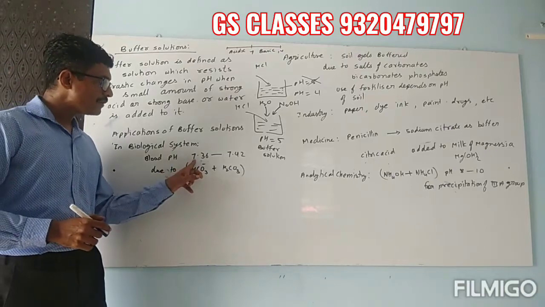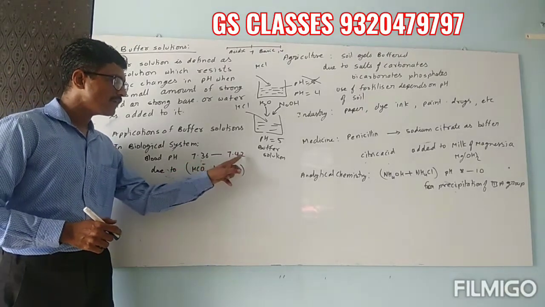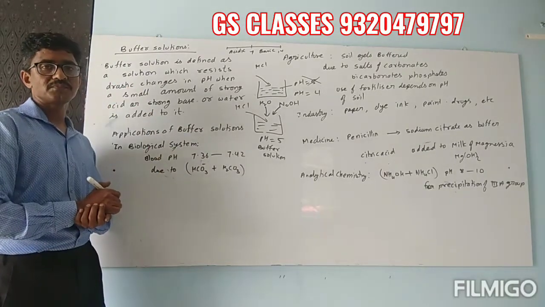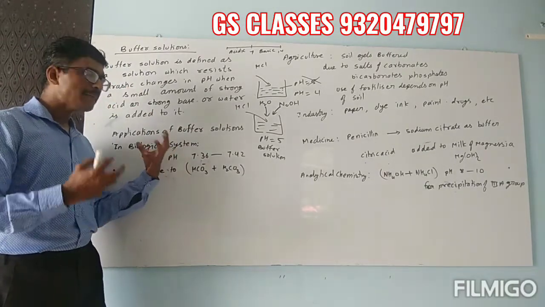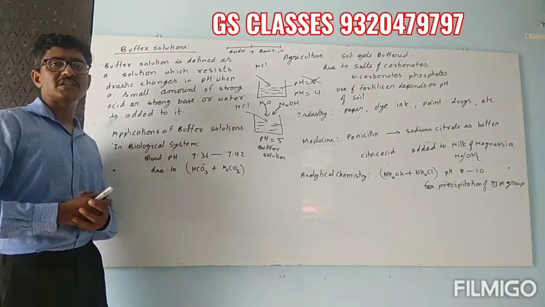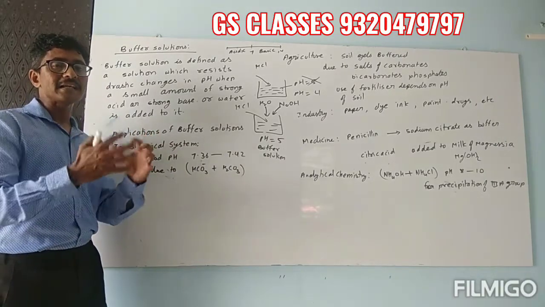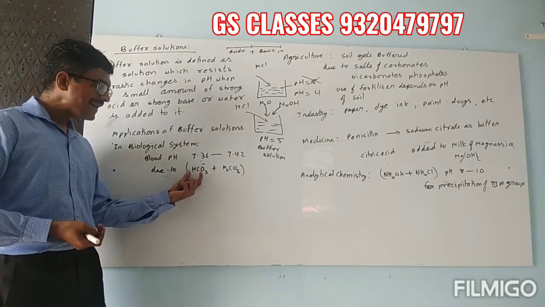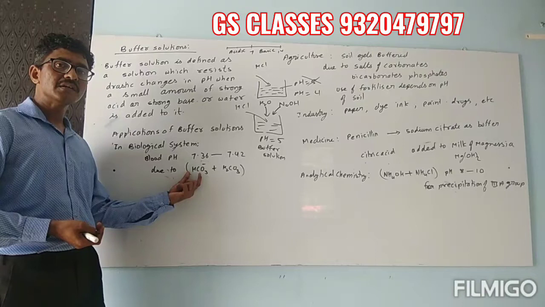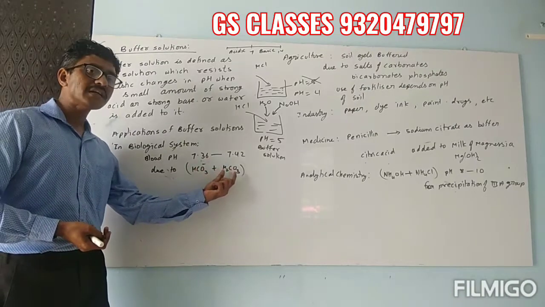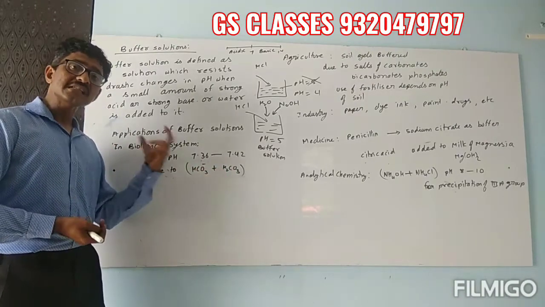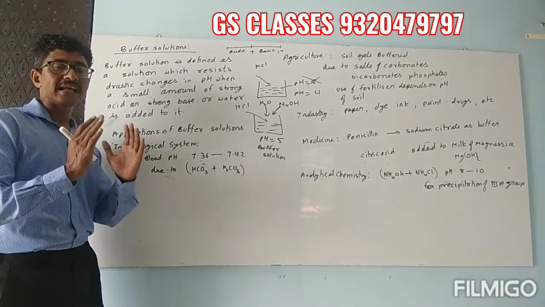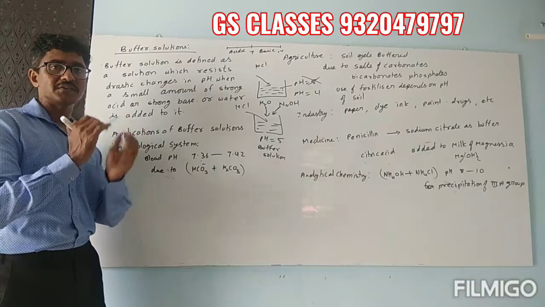How does the body maintain it? Which chemicals act to maintain that pH value? It is bicarbonate and carbonic acid. These are the two chemicals which maintain the pH level of the blood.